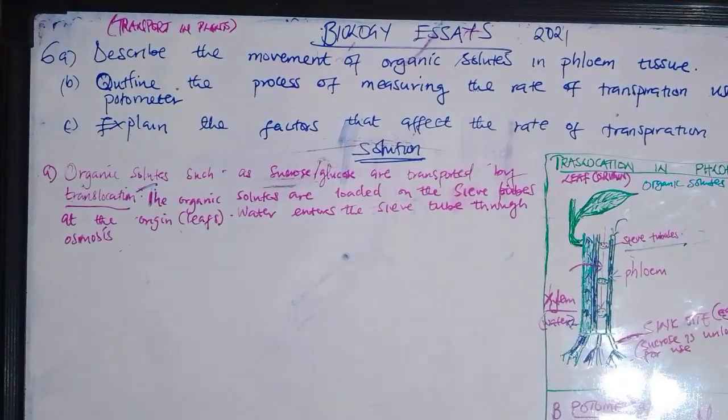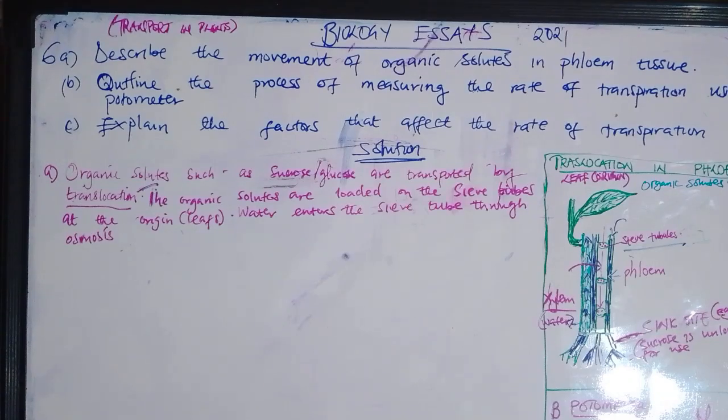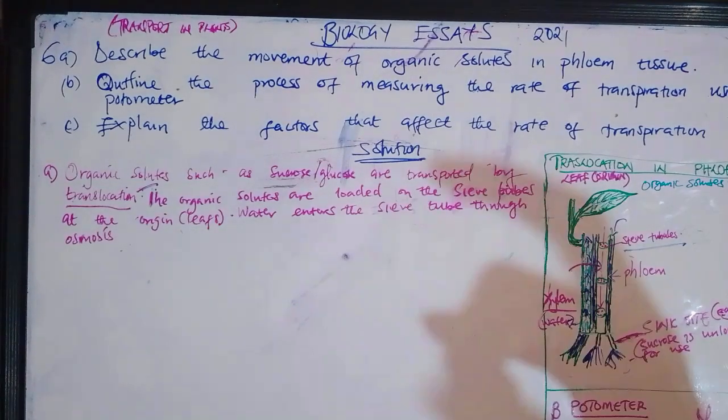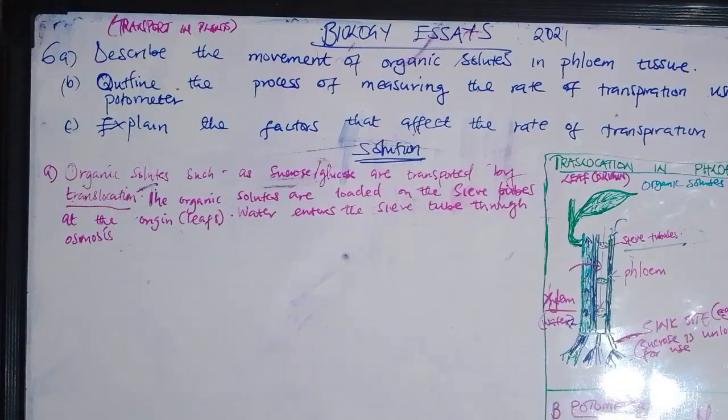So here I need to mention a point. Whenever I talk about the movement of water, make sure you include osmosis in your sentence. Whenever there is movement of water, always include osmosis. If you forgot osmosis, then your answer will be wrong. So now you say water enters the sieve tube through what?